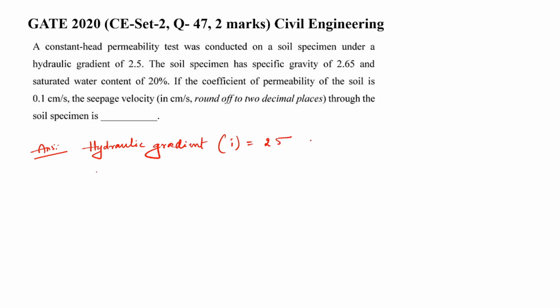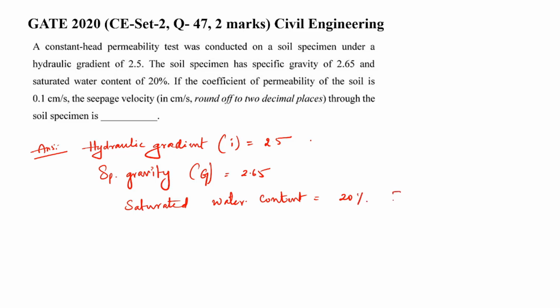Okay, specific gravity, which is denoted by G, is given 2.65, and saturated water content is 20%. Then SR, degree of saturation, is 100%, that means 1, because it is saturated.